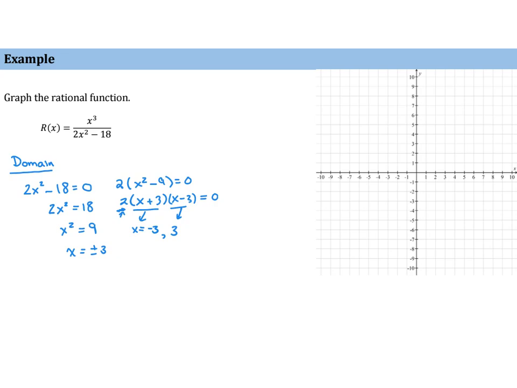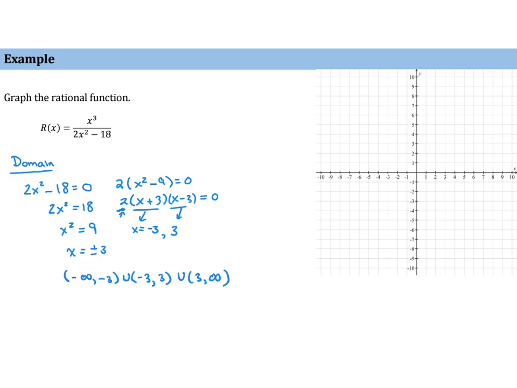So we get the same 2 solutions. So our domain is negative infinity to negative 3, union negative 3 to 3, union 3 to infinity.